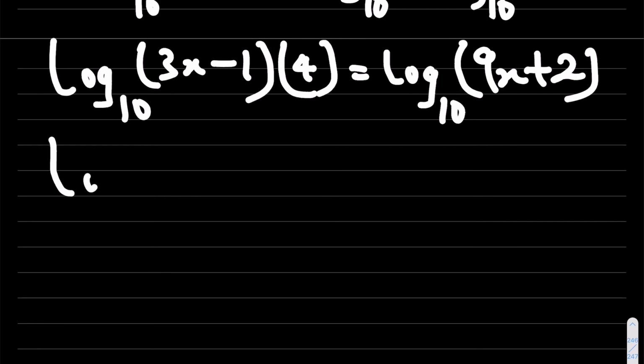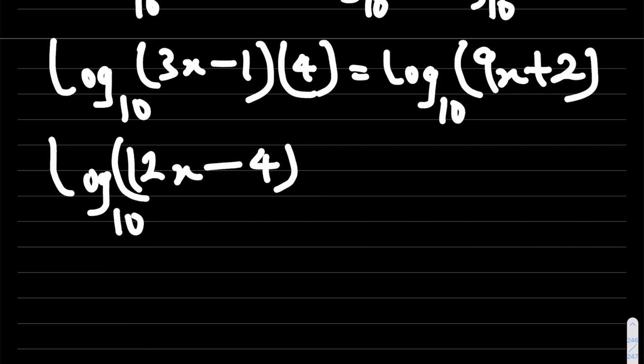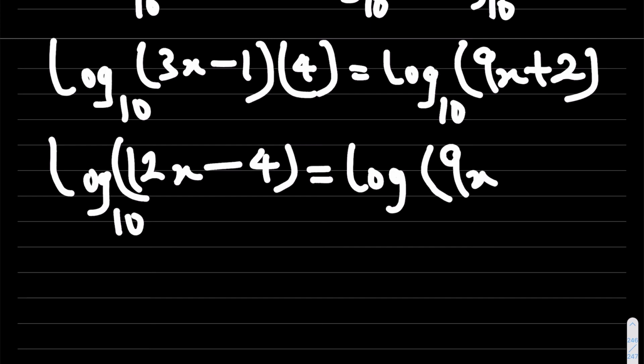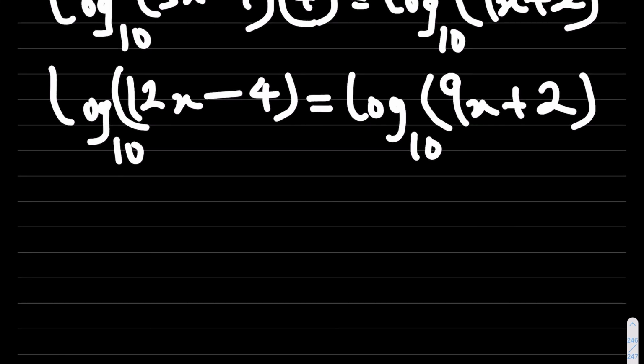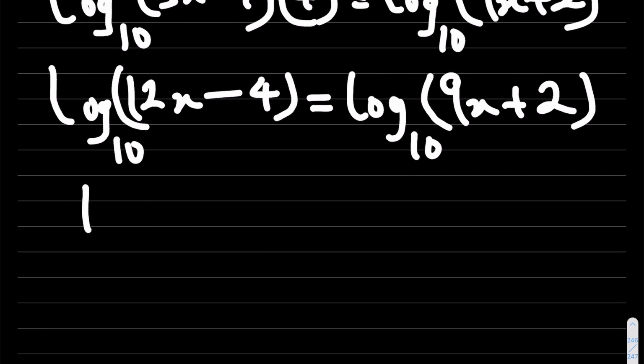Now, I can open the brackets on the left hand side to get log 12x minus 4 base 10 equals log 9x plus 2 base 10.